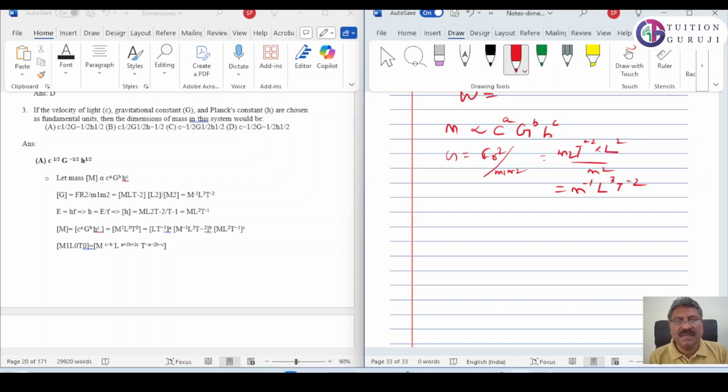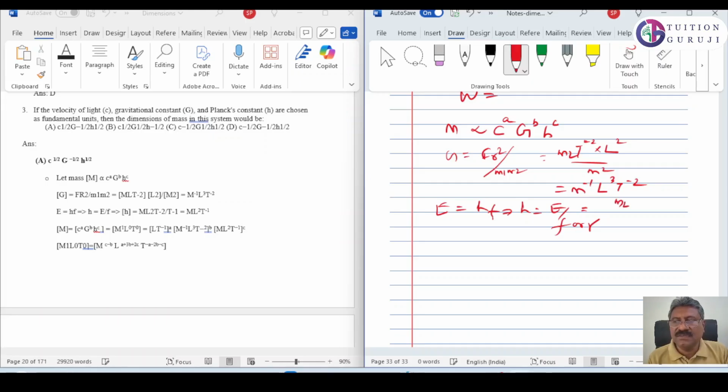Then we have to find out H. Energy is equal to h nu or h f, where f is nothing but frequency. So H is equal to E by f, or E by nu. I am writing f for your convenience, or you can write nu, the Greek letter.